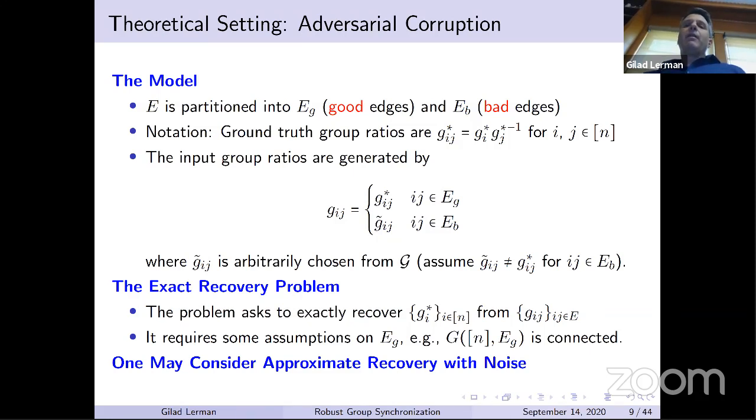We can also, in some sense, adversarially assign what is the good set and the bad set, but we have some topological restrictions. Now, if it's not a good enough model for you, you can also add some noise for the good edges. And then instead of talking about exact recovery, you can talk about approximate recovery. For simplicity, I'll focus on the noiseless case, but I'll mention something about noisy results.